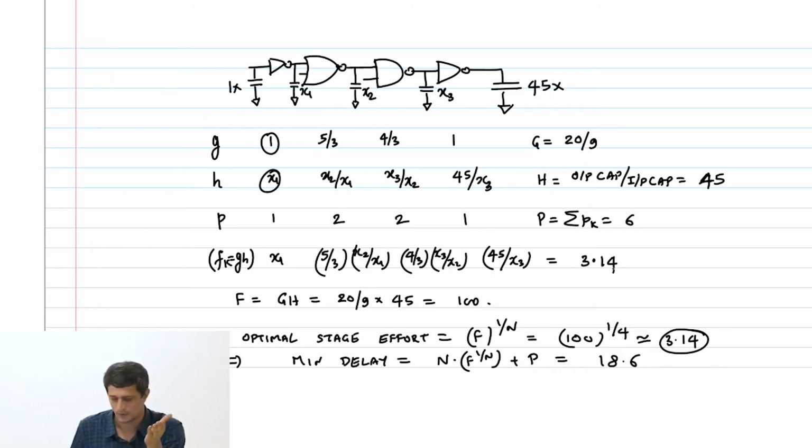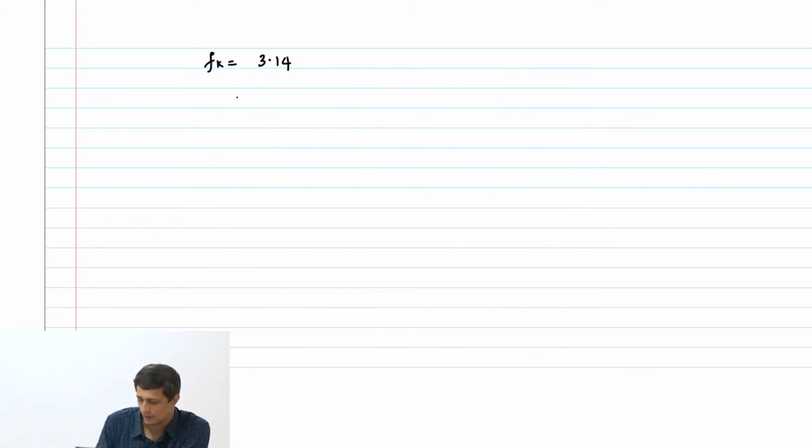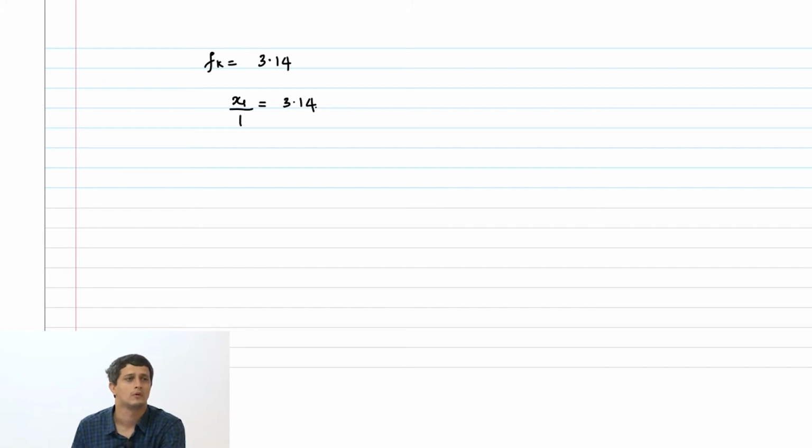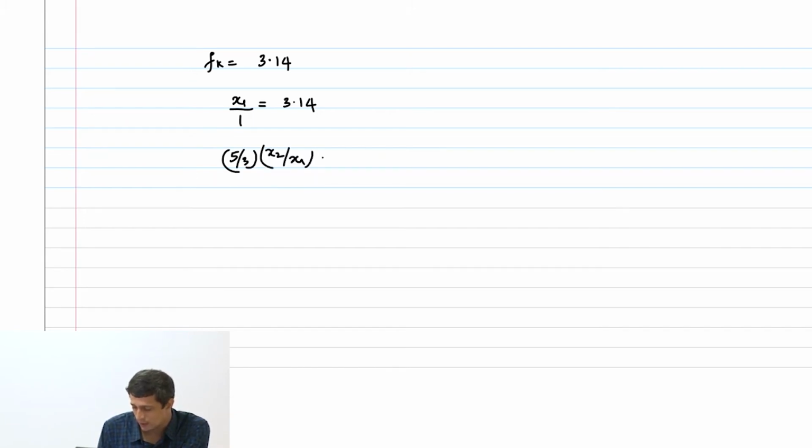Can you calculate x2 for me? Then we have 5 by 3 times x2 by x1 equals 3.14 again.